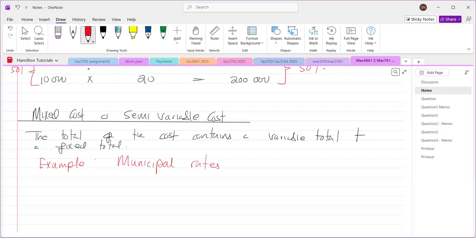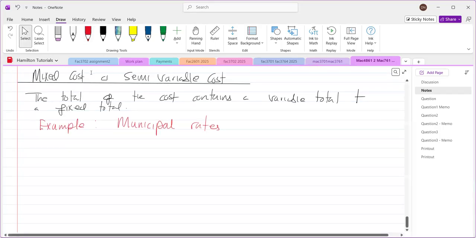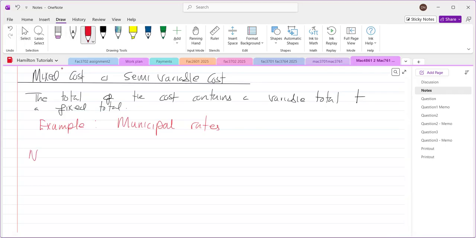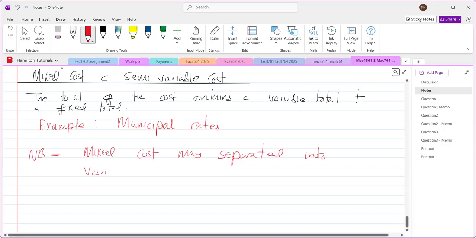Now, mixed costs contain an element of calculation. You must know that mixed costs may be separated into the variable element, or variable portion, and the fixed portion.